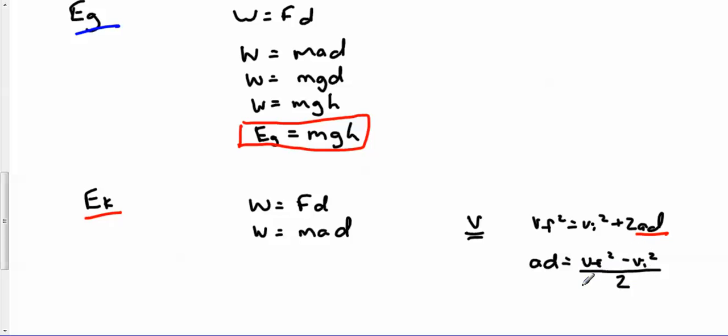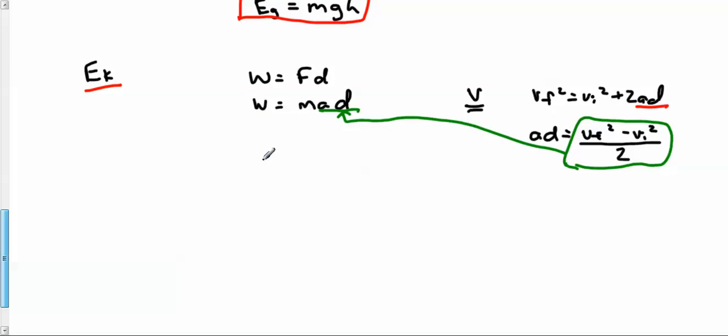There it is right there. So I'm going to substitute this thing right here for this. And I'm going to get work equals M times VF squared minus VI squared all over 2.